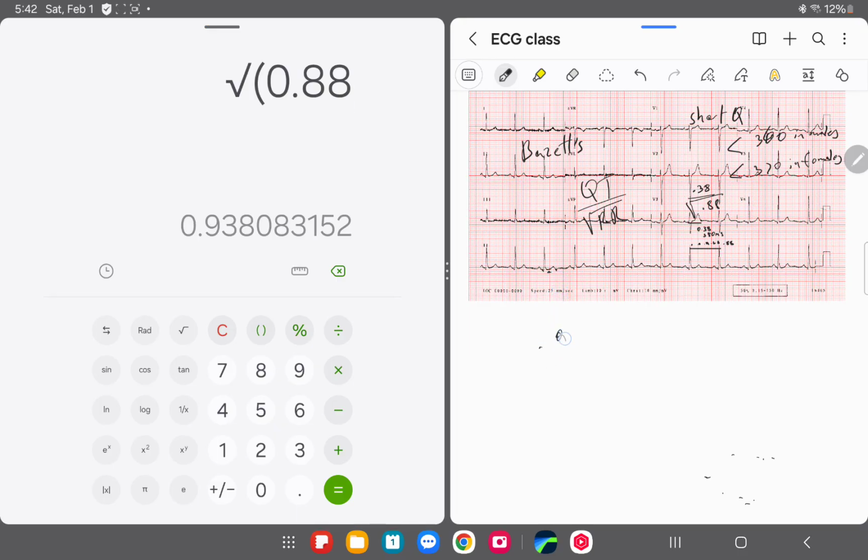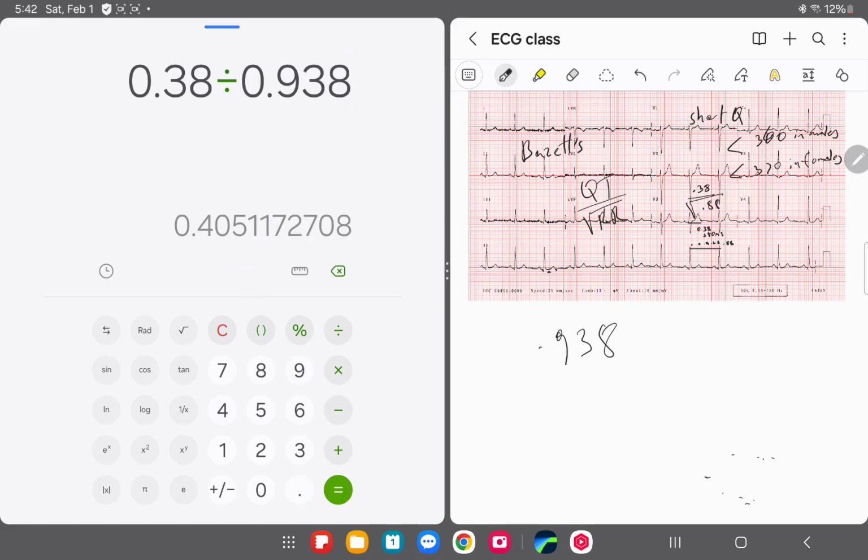Let's write that down. So we would divide 0.38 by 0.938, and that would be 0.405 or 405 milliseconds. So that's a normal corrected QT.